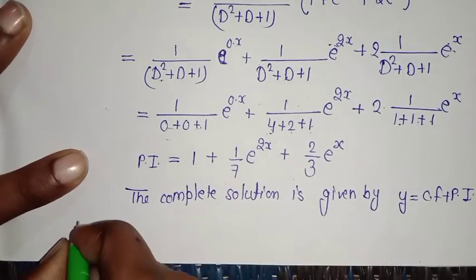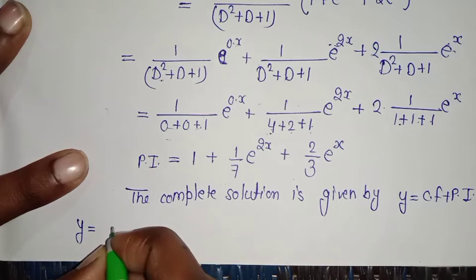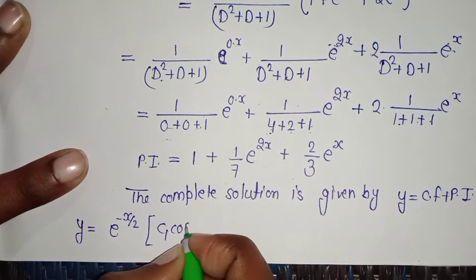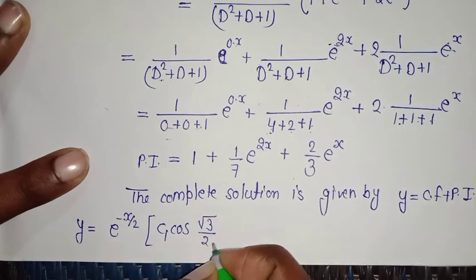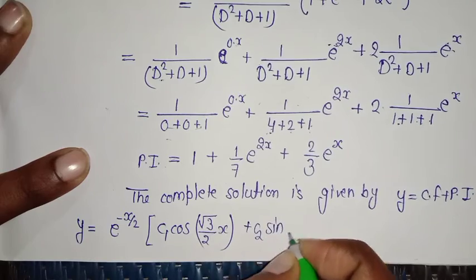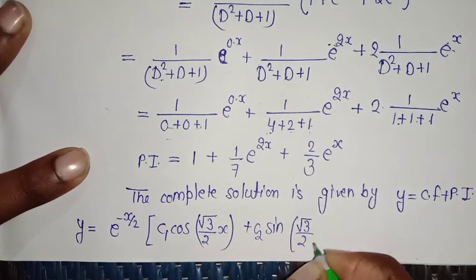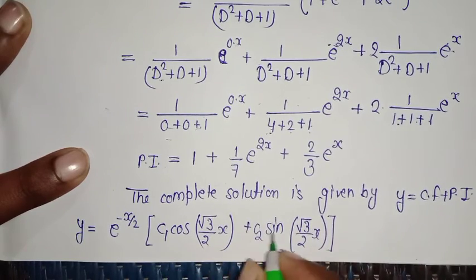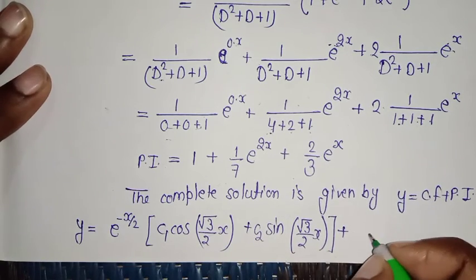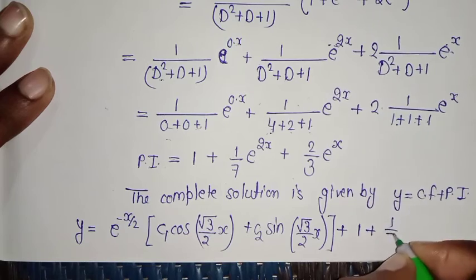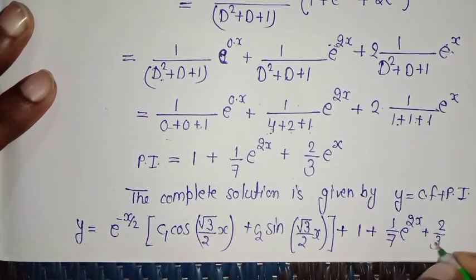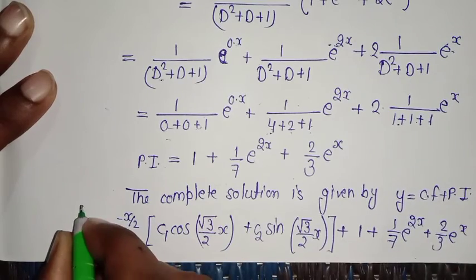So what is our result? It becomes e raised to power minus x by 2 c1 cos root 3 by 2 x plus c2 sin root 3 by 2 x. This is our CF, and if we add this CF with PI, then we can get the complete solution. So our PI is 1 plus 1 by 7 e raised to power 2x plus 2 by 3 e raised to power x. So this is our complete solution.